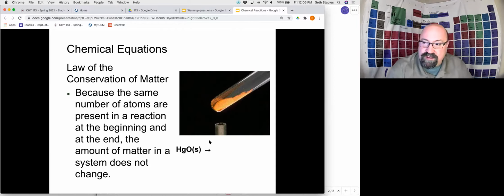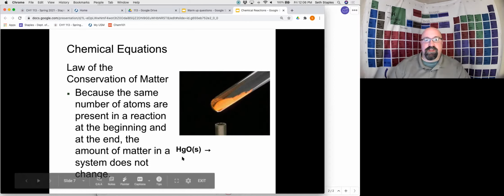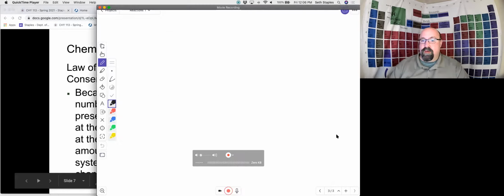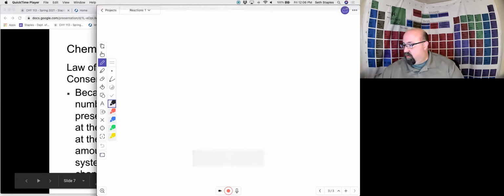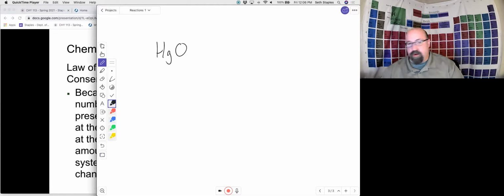A great example of this is here we have the decomposition of mercury oxide. We take HgO, mercury oxide, not going to worry about the states of matter for this little demonstration. It's going to decompose. A decomposition reaction is when the 2 elements are going to just split apart. And so it's going to split apart into mercury and oxygen.